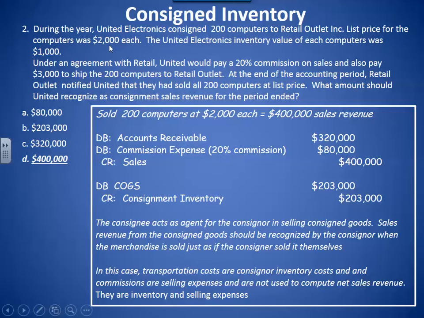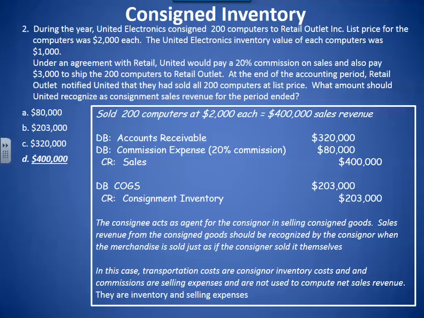The United Electronics inventory value of each computer was $1,000. Under the agreement, United would pay a 20% commission on sales, and United would also pay $3,000 to ship the 200 computers to the retail outlet. At the end of the accounting period, the retail outlet notified United that they had sold all 200 computers at list price. The question is, what amount should United recognize as consignment sales revenue for the period?